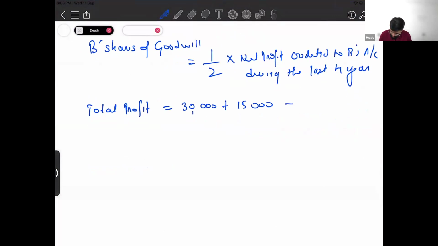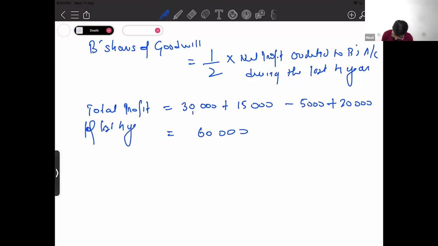Then 2009 there is a loss, so we minus. Because loss will reduce the overall profit, so we'll have to minus. And profit will increase, so we will add. Minus 5,000 plus 20,000. So the total profit of the last 4 years, net of losses, is 60,000.